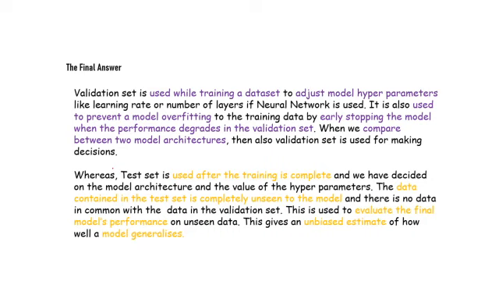So you can screenshot this and always remember these highlighted parts, for which I have used a different ink. These are the key points you need to remember. While training, we adjust model parameters and also prevent a model from overfitting, and as I said, the validation set is also used to fix the number of epochs.